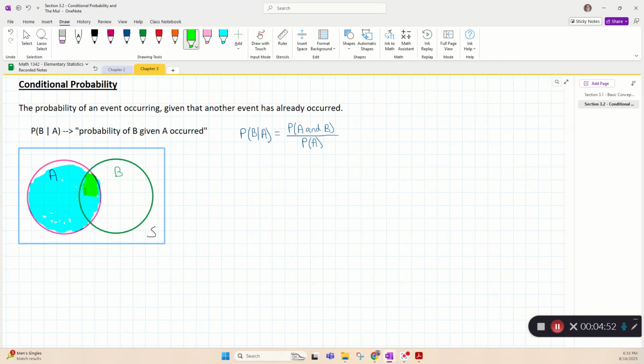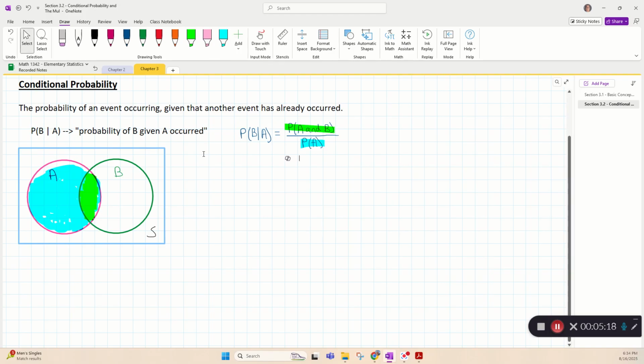That's why it says A and B. So probability of A and B, that's the green area. Probability of A is our blue area. That's a visual of what's going on. So it reduces the sample space to only what's given, being that A occurred.